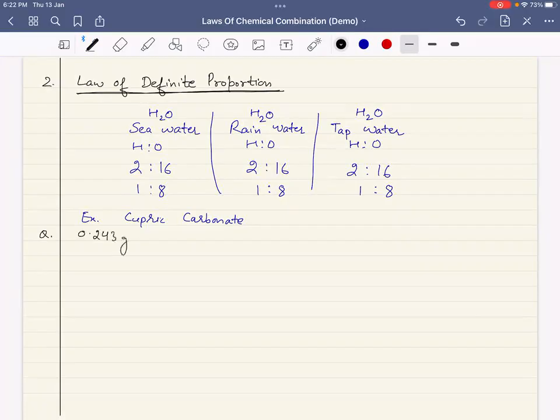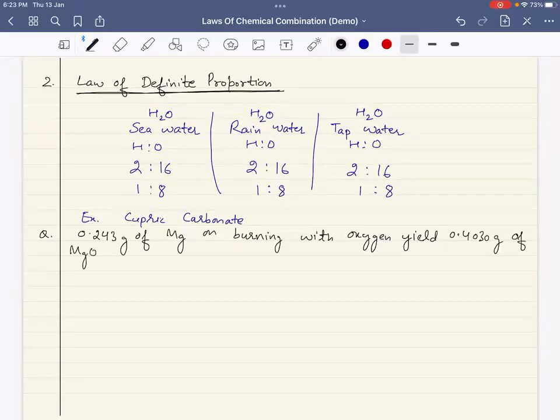0.243 gram of magnesium on burning with oxygen yields 0.4030 gram of magnesium oxide. Let us see, this is experiment number 1.